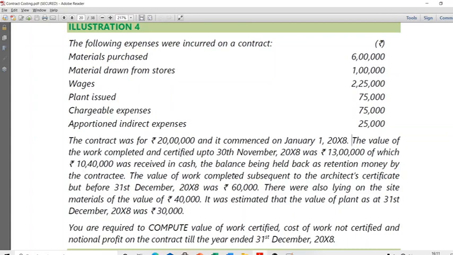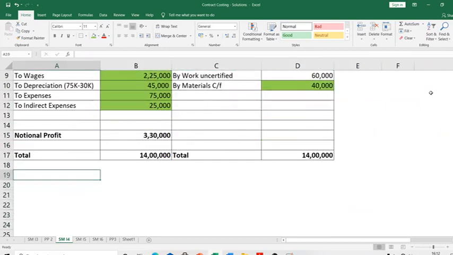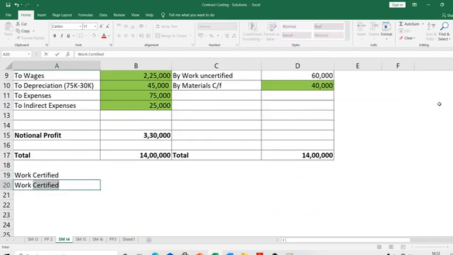The value of work completed subsequent to the architect's certificate but before 31st December 2018 was 60,000. How should we deal with this? See, we are going to have two items here, okay? Work certified and work uncertified.